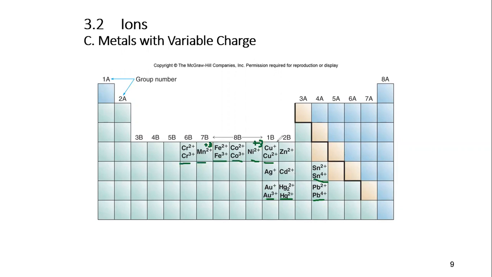Now, for zinc, silver, and cadmium, these only have one ionic charge. They do not have a variable charge. It means silver can only be +1, cadmium can only be +2, and zinc can only be +2.